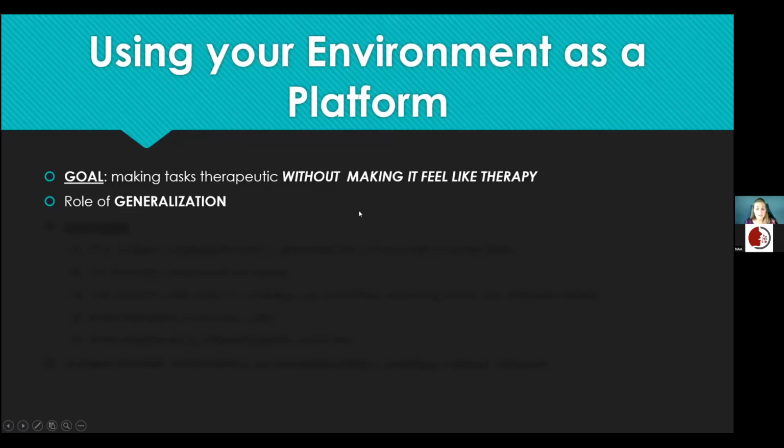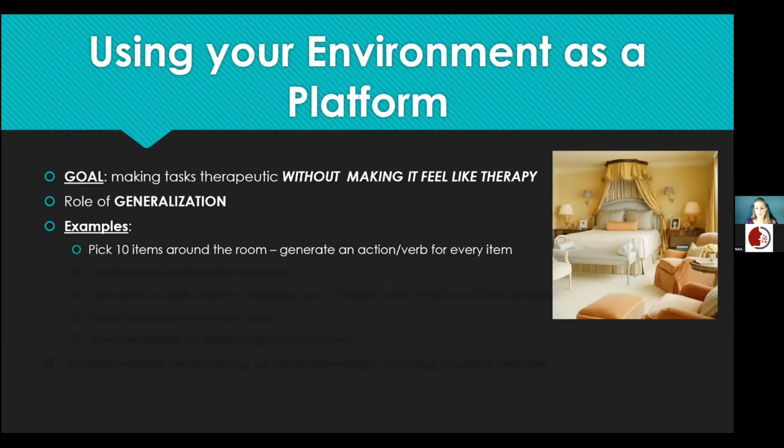So what are some examples of how we can actually make our own environments at home therapeutic? One way we can do this is to pick a room in your house, find a couple objects, and generate an action or a verb associated with those objects. I'm a big proponent of verbs. If you work with me at all, you know that.